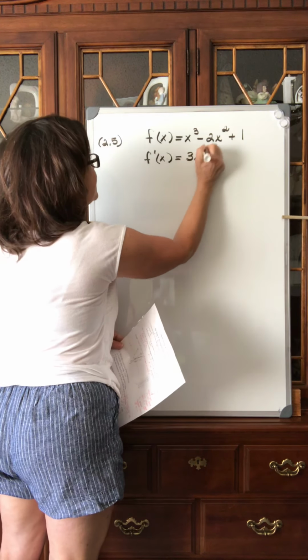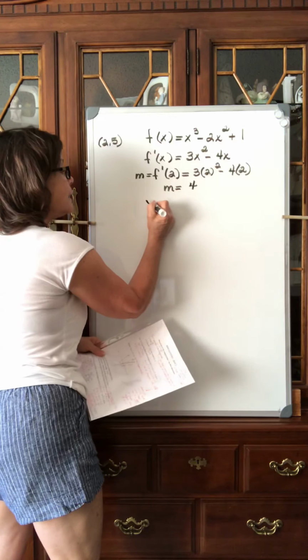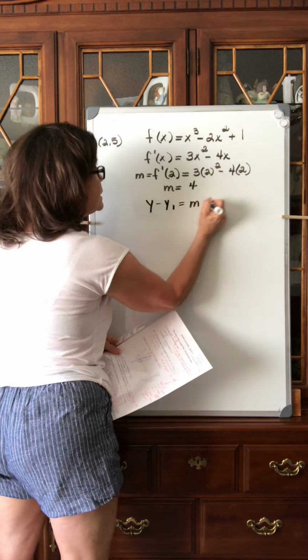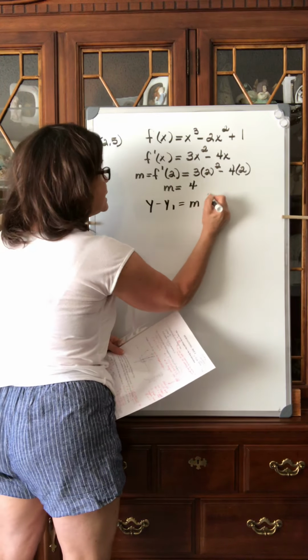So the slope of the line tangent to that curve at this xy ordered pair is 4. Or if you're graphing that tangent line, it would be 4 over 1. Now we have to write the equation of the line tangent to this cubic function at this point. So you go to your point slope formula. Y minus y1 is equal to m times x minus x1.